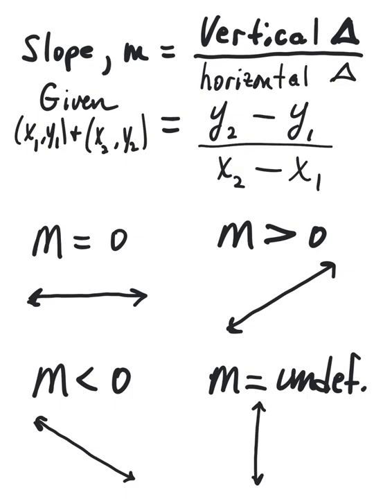Just as an estimator, you will have 4 different types of slope. If the slope of a line is 0, then that line will be horizontal. If the slope of your line is positive, then it will run up and right. The vertical change is positive, and your horizontal change is also positive.